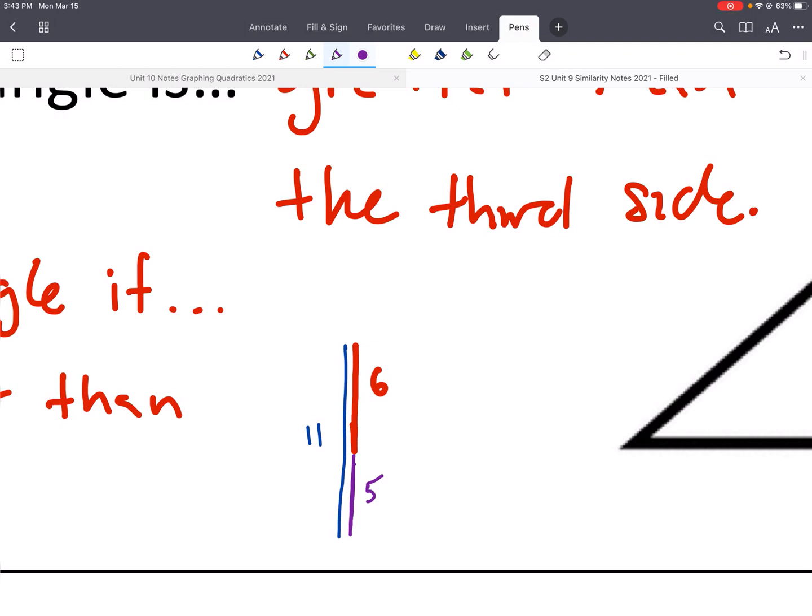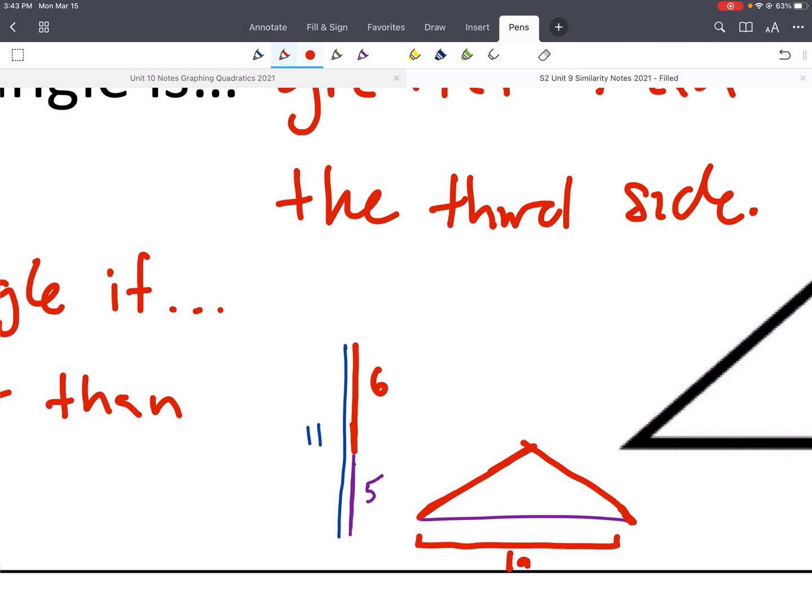The two smallest sides have got to be greater than the third side for it to give us a triangle. Another way we could draw this is, if we had these really short sides, obviously that's not going to make a triangle. The sum of the two smallest sides has got to be greater than the third side. So this is like the largest side, and these are the two smallest.